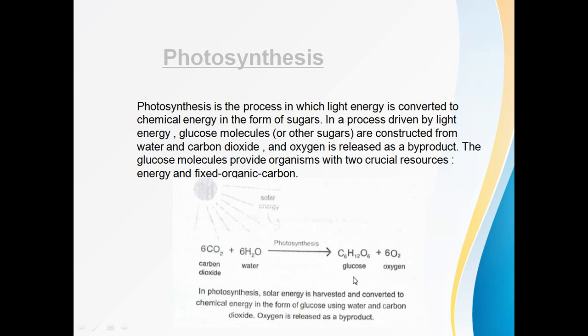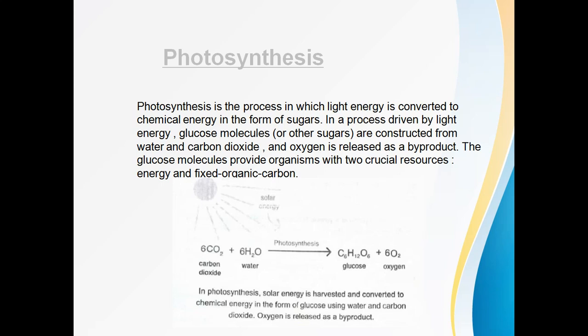Glucose, in the form of sugars, will be produced by the process of photosynthesis. So photosynthesis uses light energy, and that light energy is converted into chemical energy in the form of sugar. Which sugar here? Glucose.